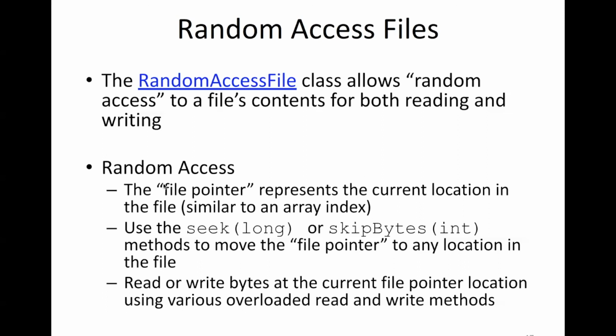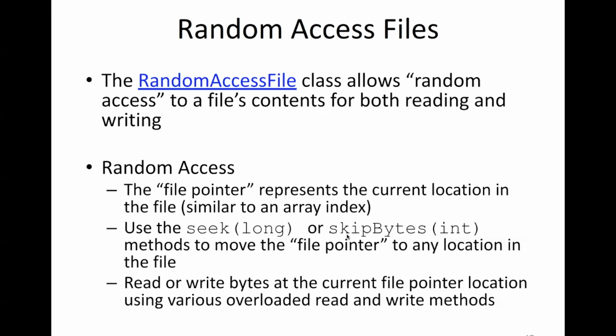You can move that pointer around by calling seek. When you call seek, that will move to a location starting from the 0th position, or the beginning of the file. So if I seek to position 10, that's going to move me to the 10th position within the file, and then any reads or writes will happen at that location. I can also just skip ahead.